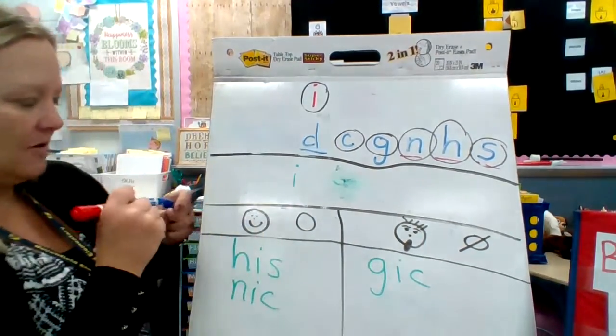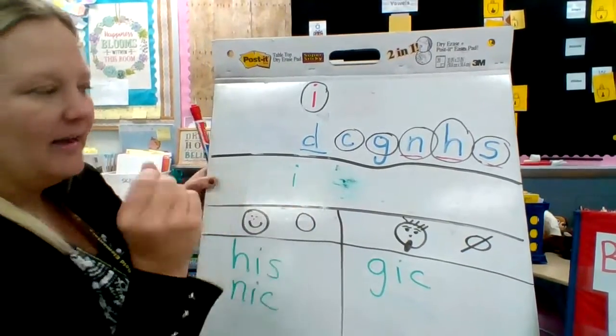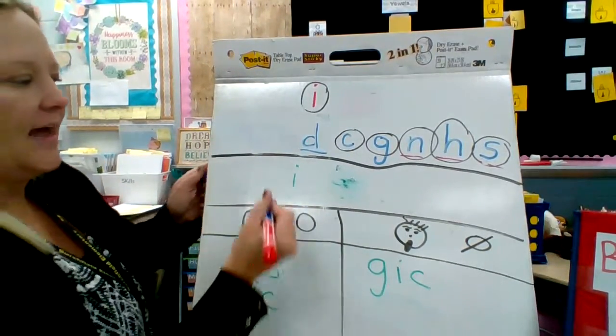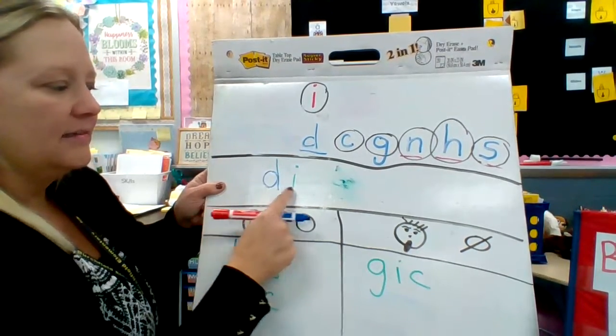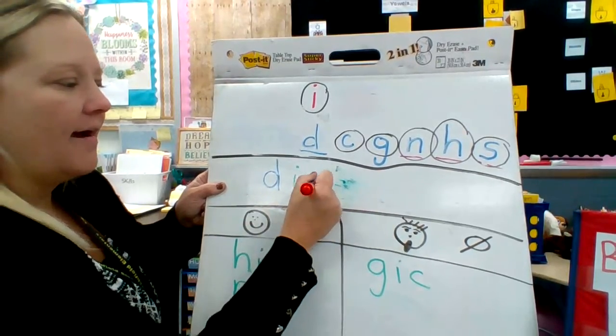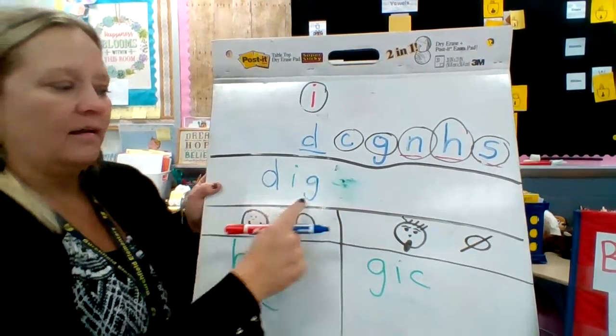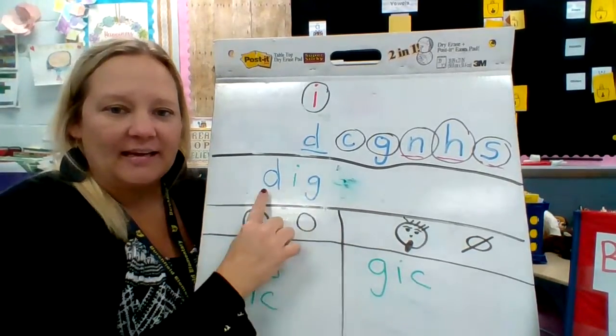All right, so I'm going to keep that I in the middle, and I'm going to have D in the beginning first, I in the middle, and then G at the end, okay? Is everybody ready? Left to right, here we go.